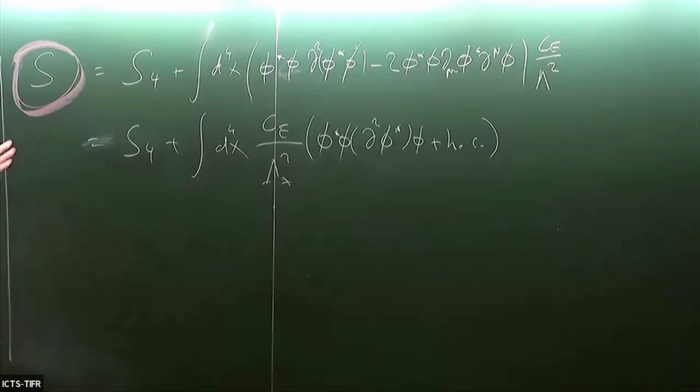Very good. So this is the theory we start with, theory S, renormalizable plus a single operator in our EFT. Now we're going to do a field redefinition just as outlined there, and we'll obtain a new theory with action S bar.